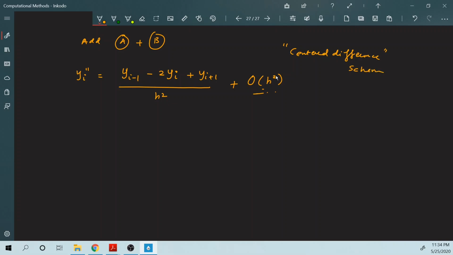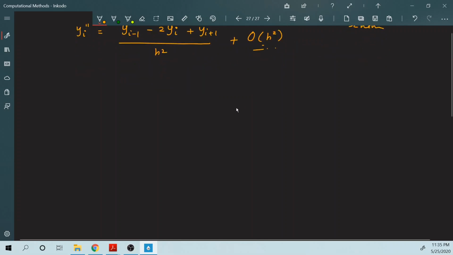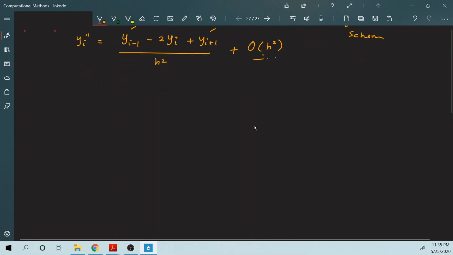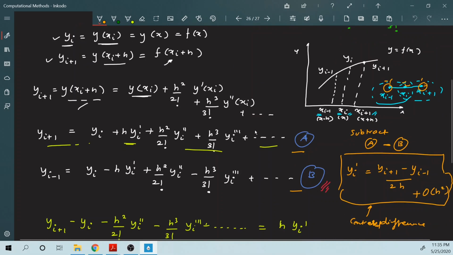If you see, you're using the point ahead and the point behind, so it has to be centered. Okay. So this is how you can derive formulas just by playing with equation A and equation B.